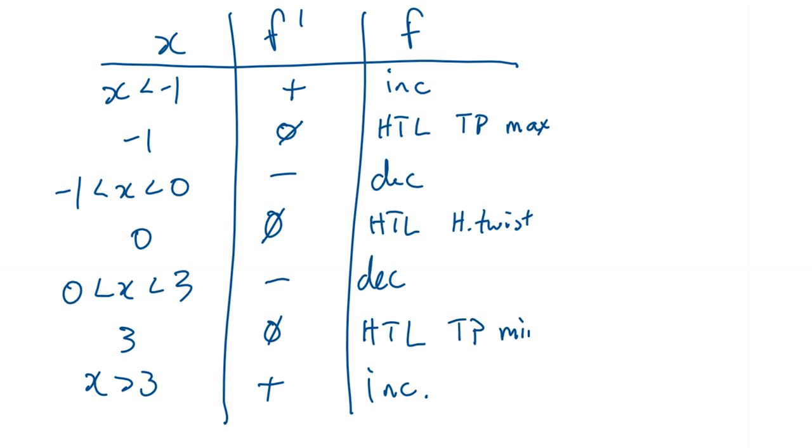This chart looks a lot like the last one. The two second columns are the same. Another one with a twist in the middle and a max and a min.